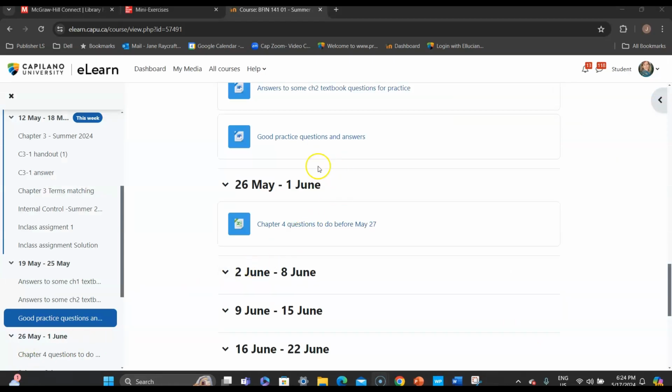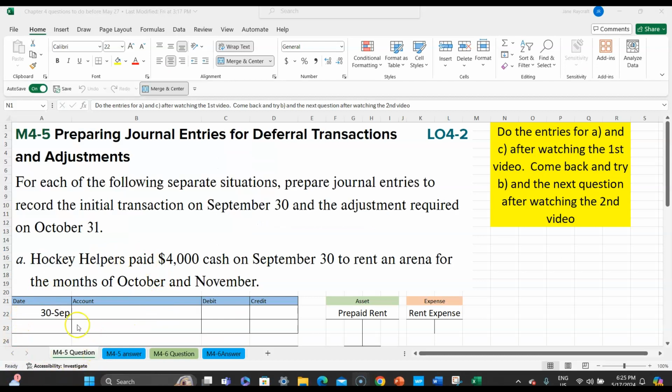Now, what you need to do is go to our eLearn site and look for these Chapter 4 questions to be done. Click on them and download them. Please try A and C of this question.